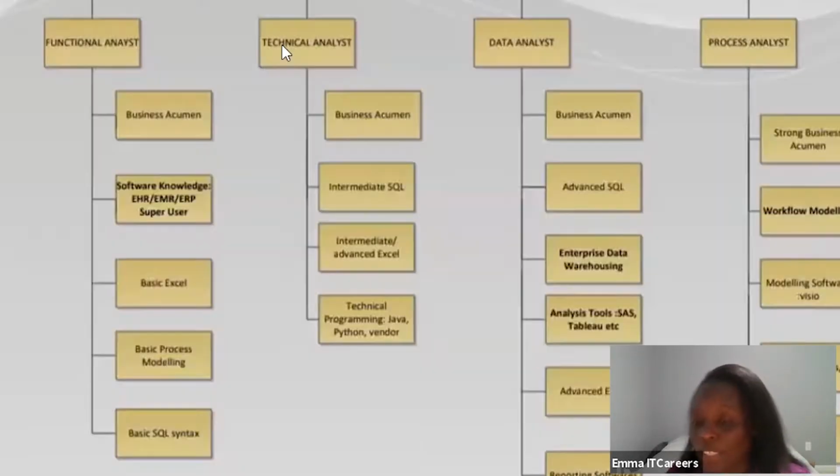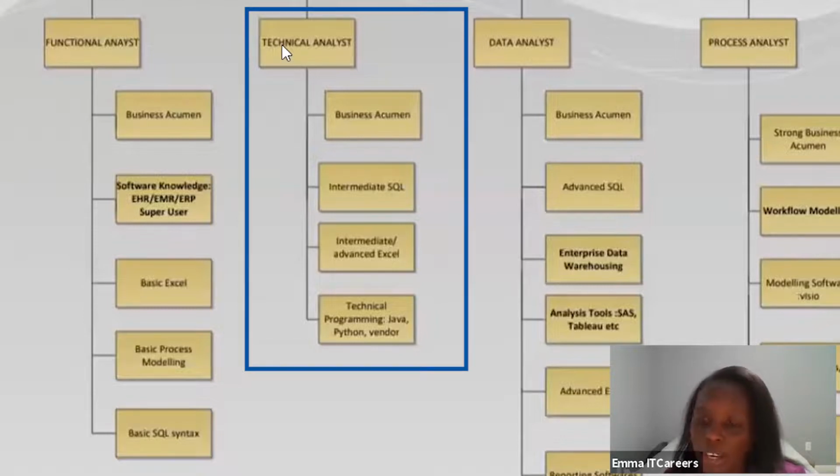But if you are a technical analyst, you are expected to have more skills in SQL, which means you have more capability of running SQL statements, whether simple or more complicated ones. The technical analyst has more knowledge of SQL statements, and they may have some knowledge in programming. That's what makes the difference.